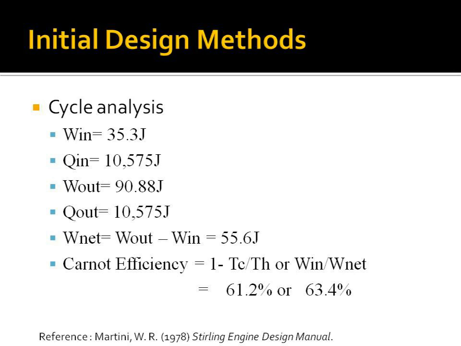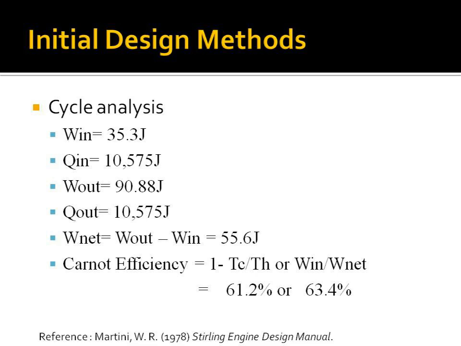So now, analysing the Stirling engine, or the Stirling cycle with the gamma type configuration, in terms of looking at its internal volumes, its internal pressures and temperatures, we can get a rough guide of the work input needed and the work output. So looking at a work input of 35.3 joules to compress the fluid.